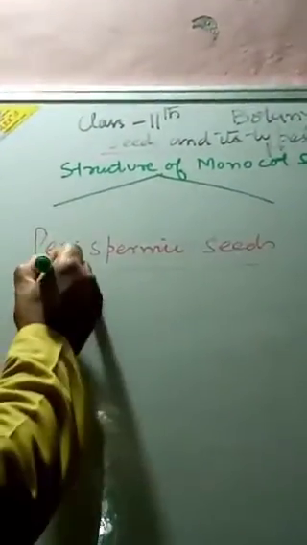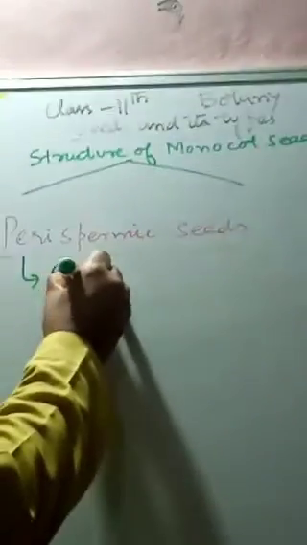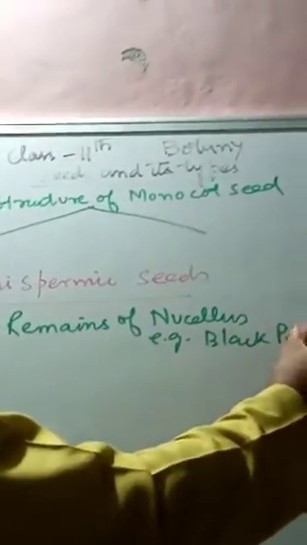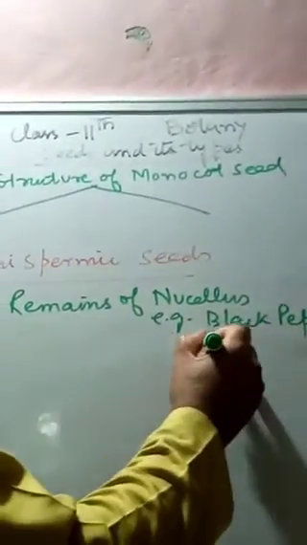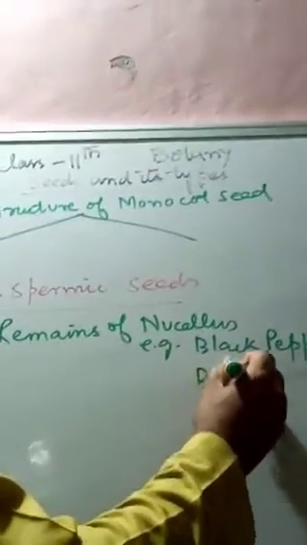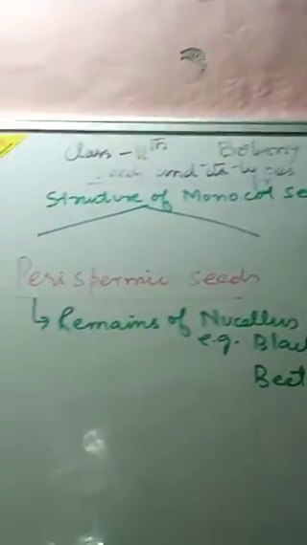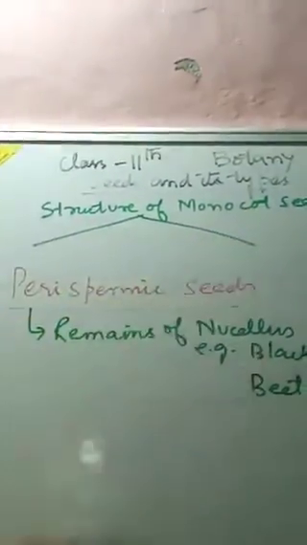Perispermic seeds are actually the remains of the nucellus, and these seeds are mainly found in black pepper and in beetroot. These perispermic seeds are mainly the remains of the nucellus.